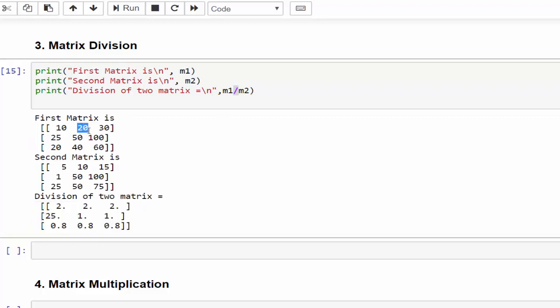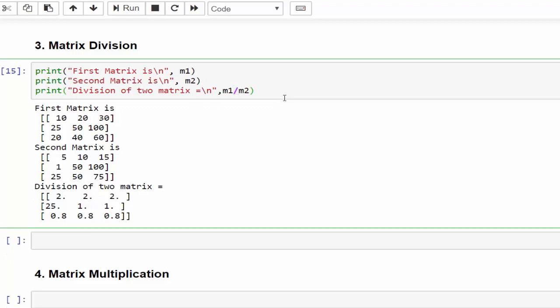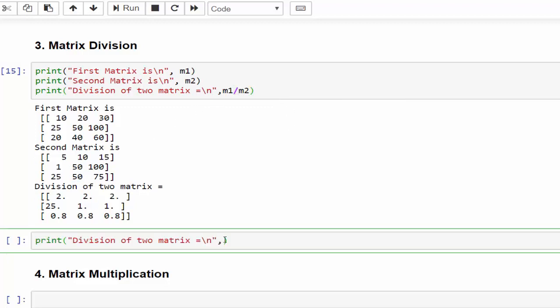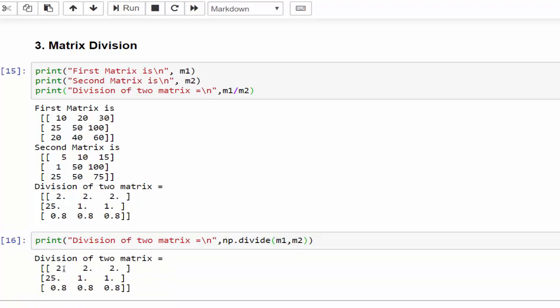Then 20 divided by 10, it is 2 point. Then 40 divided by 50, it is 0.8. The same can be done using the divide method, that is np.divide(m1, m2). If we execute, the output is the same.